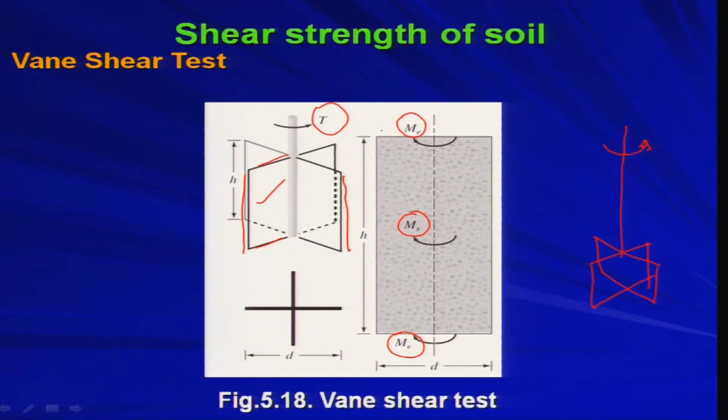These moments will be the same, and the side shear resistance will give you Ms. And the diameter of the vanes, if you consider this is the diameter, say is small d. Based on that we will try to develop the expression by which you can determine the magnitude of Cu, that is the undrained cohesion.